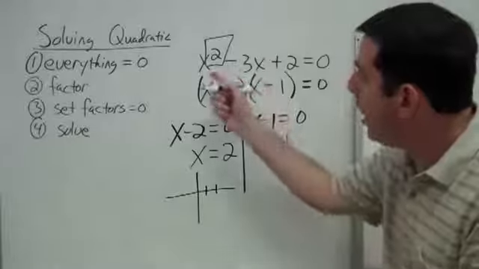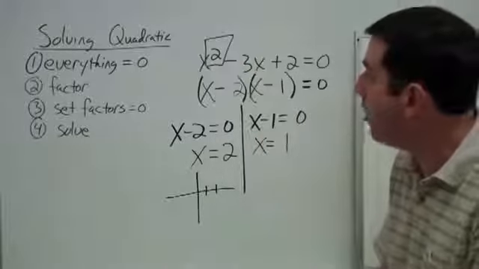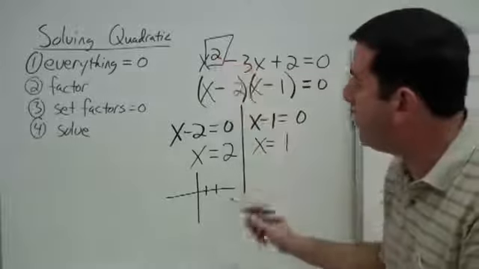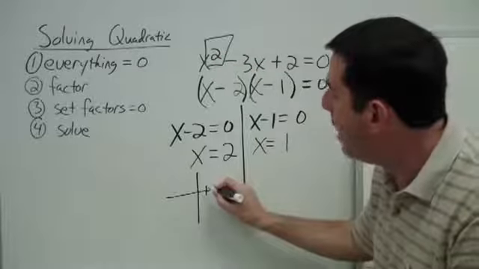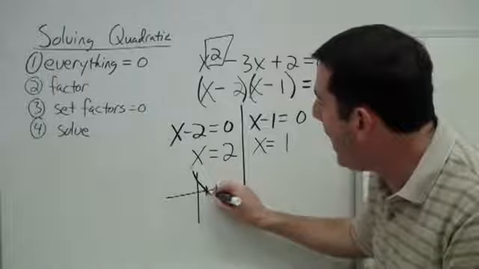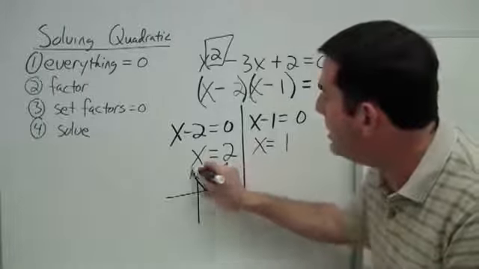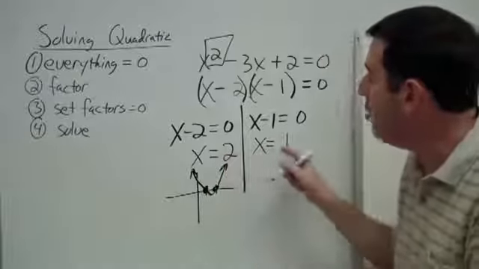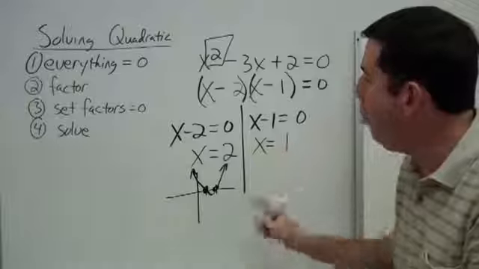So when we draw a picture of x squared minus 3x plus 2, the fact that it's a square makes this have a shape called a parabola, and it will pass through the x-axis at each of those values, 2 and 1.